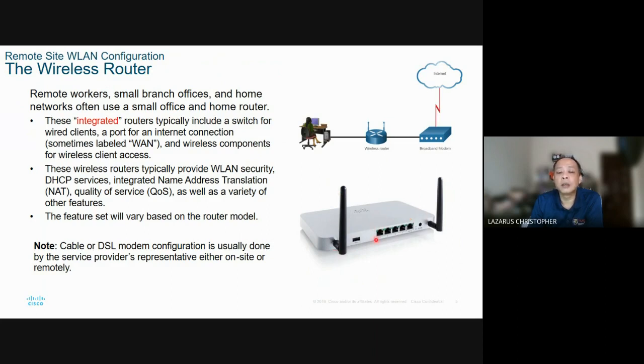Meaning to say, the wired network is a LAN, and the wireless network is another LAN. You allow traffic from the wired local area network and the wireless LAN to traverse each other using the router inside. The integrated router will also allow you to access the internet if there is an internet port here.